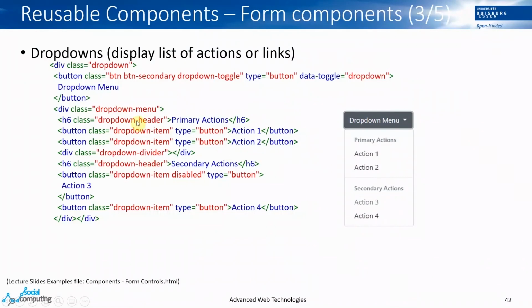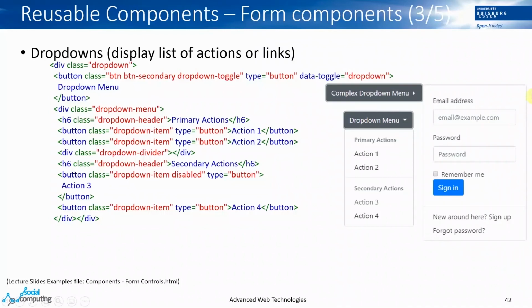For example, you can define a header which is non-selectable. You can also add dividers between options. So this way you can have very beautiful and complex dropdown controls by using these Bootstrap options.